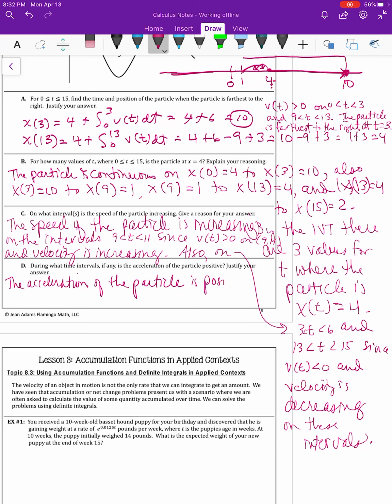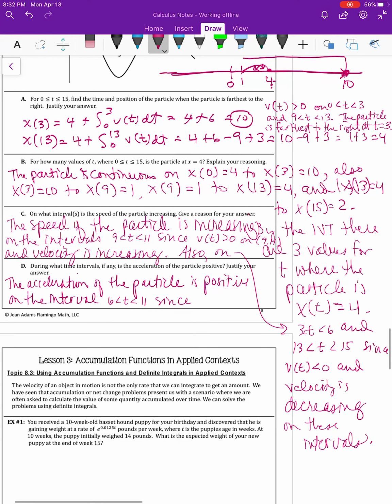So we're going to say the acceleration of the particle is positive on the interval between 6 and 11, since velocity is increasing on this interval.